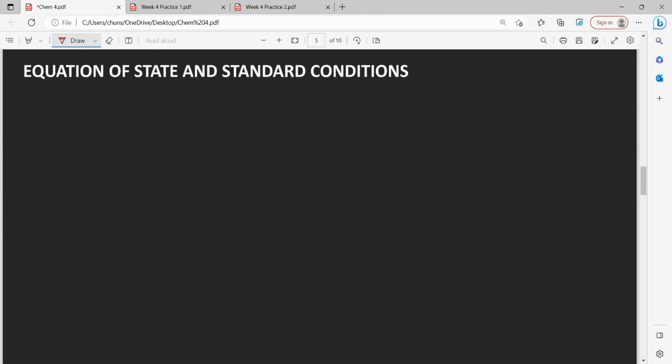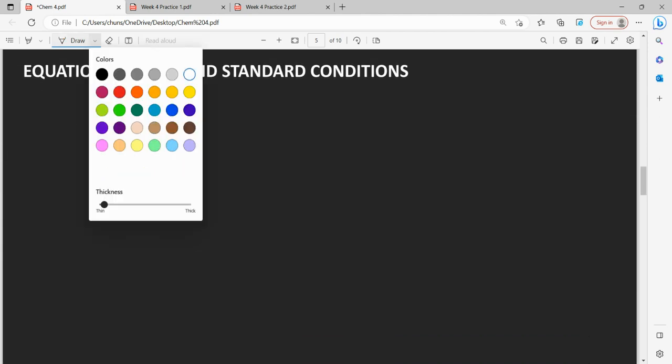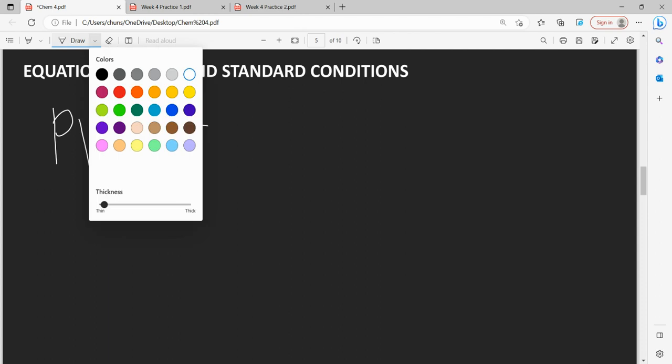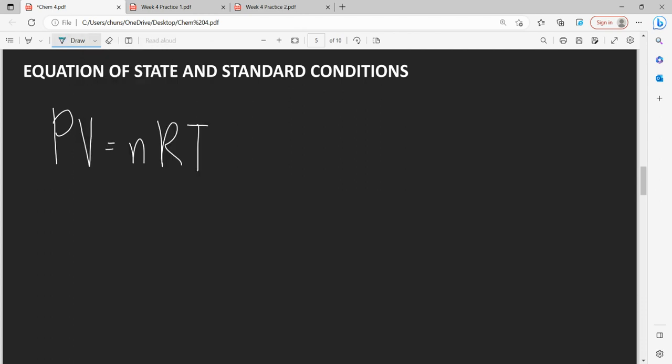So now we're going to talk about the equation of state. The equation of state that we use for ideal gases, which you may have seen before in high school, is PV equals nRT. I'm going to identify some things here. So this is pressure. It could be in atm, pascals, kilopascals, you name it.